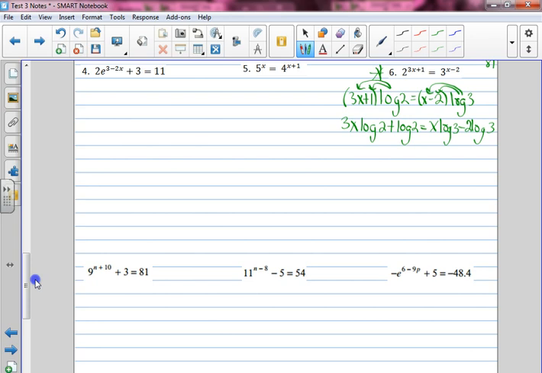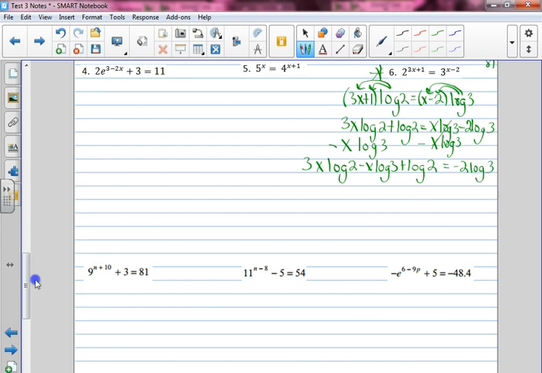These kind of problems, I say, are a pain in my big toe. All right, so you need to get all the x's on one side and all the logs on the other side. So I'm going to subtract x log of 3 on both sides. So now I have 3x log of 2 minus x log of 3 plus the log of 2 equals negative 2 log 3.